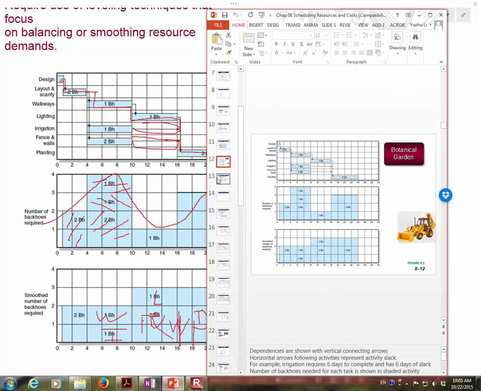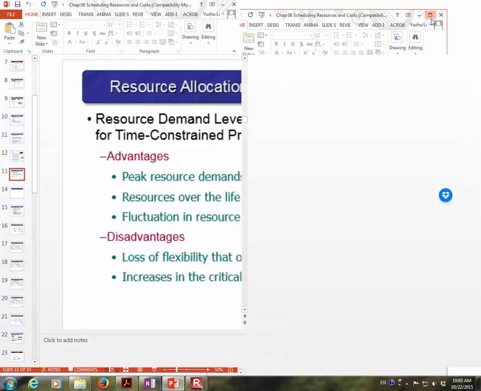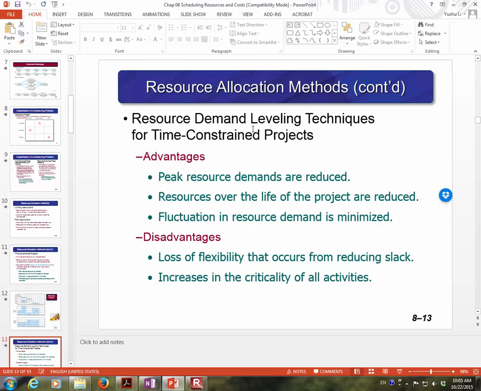Come back to the chapter PowerPoint. You can tell the advantage of the resource demand leveling technique. Okay, so the peak resource demand is reduced. Remember, we do not have peaks now, and the resources over the life of the project are reduced, and fluctuation in resource demand is minimized.